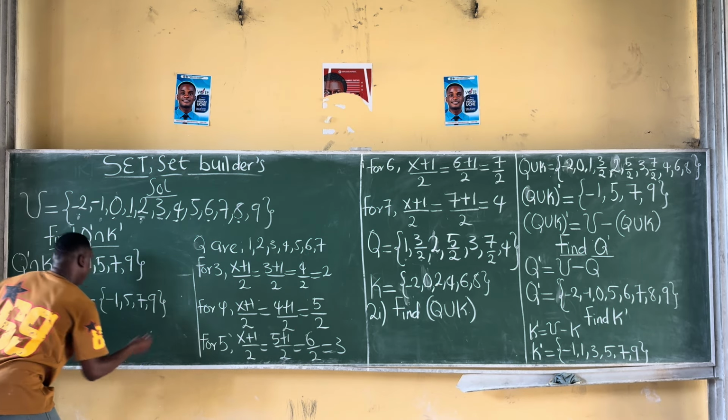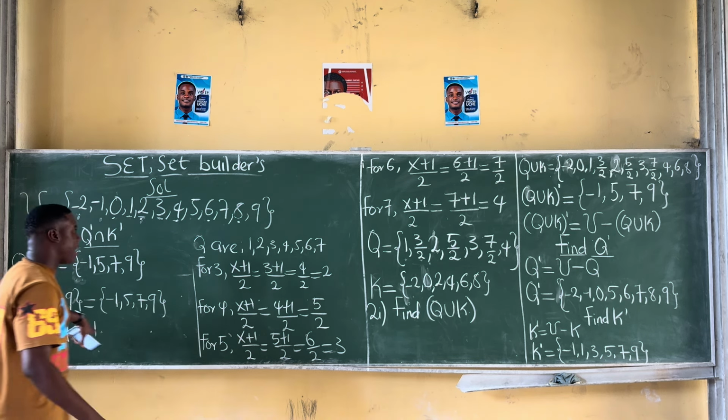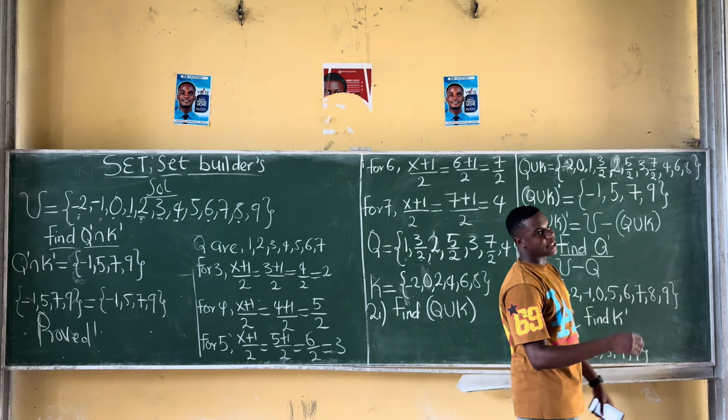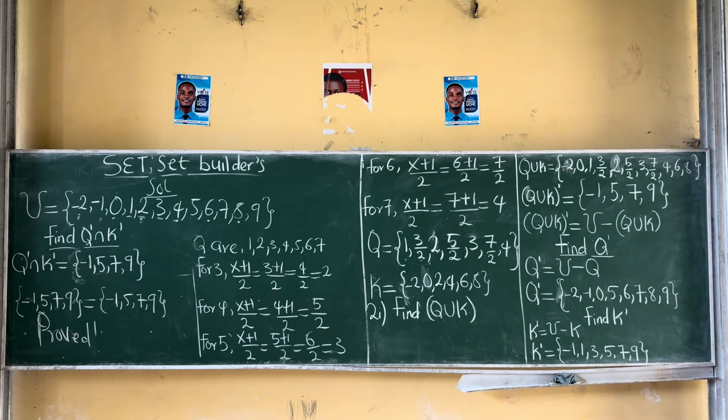Therefore, it is correct, proved. Are you seeing it now? So for what I've done so far, Q union K prime is definitely equal to Q prime intersection K prime. That is the answer to the question.